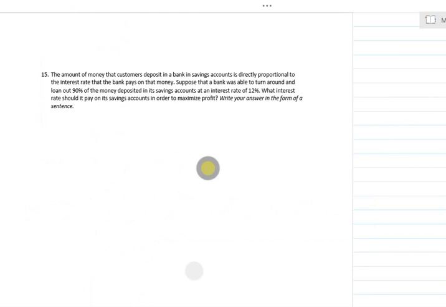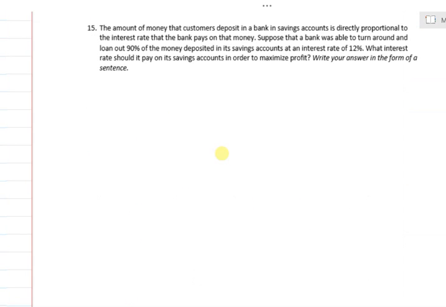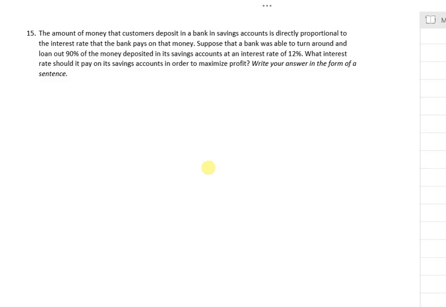Okay, next page. The amount of money that customers deposit in a bank savings account is directly proportional to the interest rate that the bank pays on the money. This directly proportional to is important. Okay, let's let D be the amount deposited. P can be our profit.